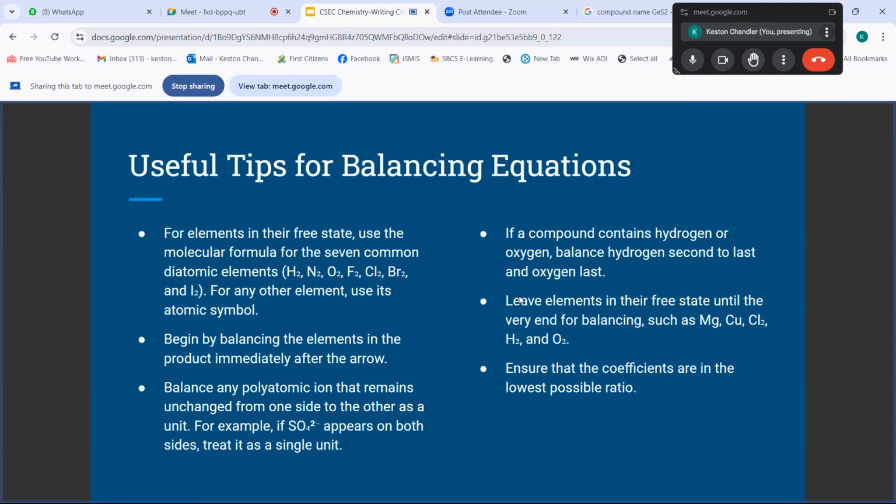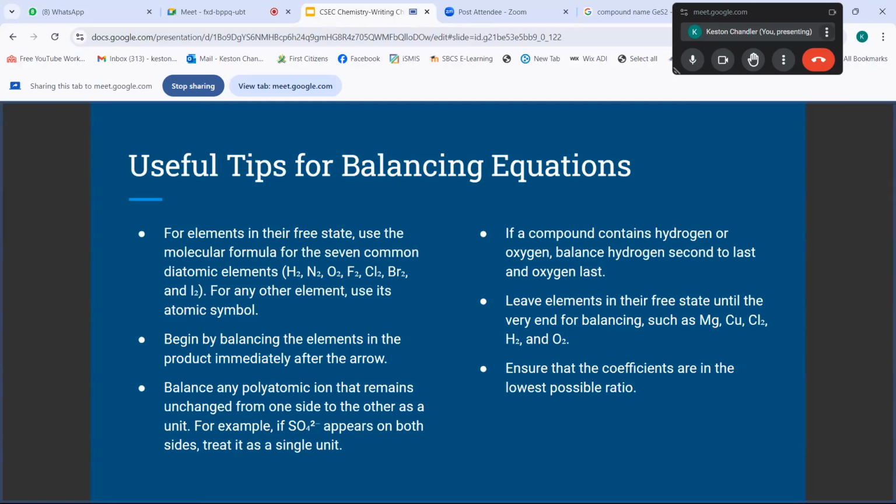Then you will balance any polyatomic ion that remains unchanged from one side to the other as a unit. When we talk about a polyatomic ion, we're talking about things like the sulfate ion, SO4 2 minus.